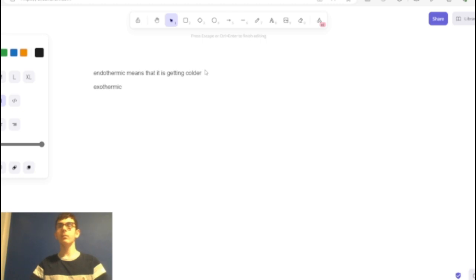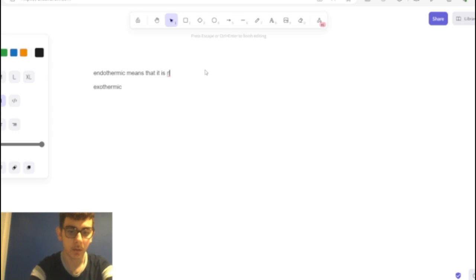Whereas in an exothermic reaction, it's the opposite. It will be giving heat out. But there's a better way of saying it: it releases heat, whereas endothermic takes heat in.